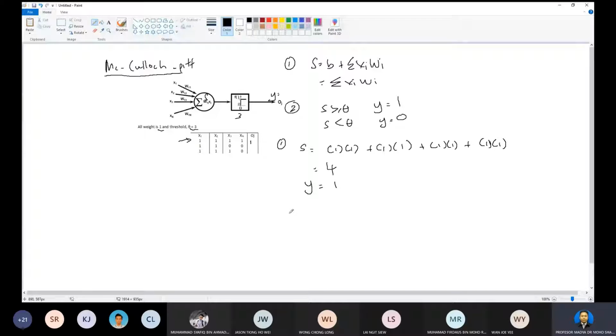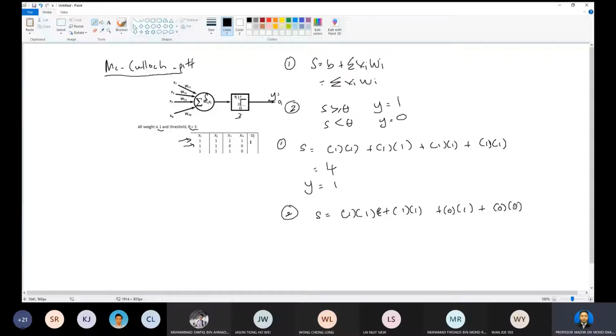And then the second iteration. Calculate the S the same way. X1 is 1, and there is no addition of weight here. 1 multiplied by 1, plus 0 multiplied by 1, plus 0 multiplied by 1. The weight is 1.